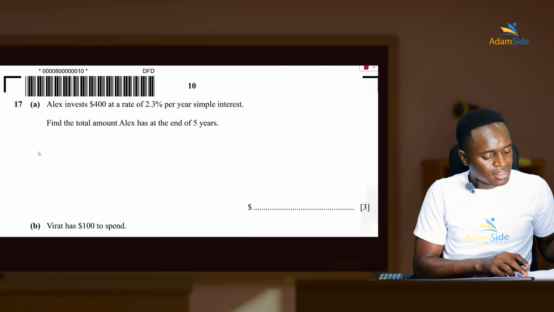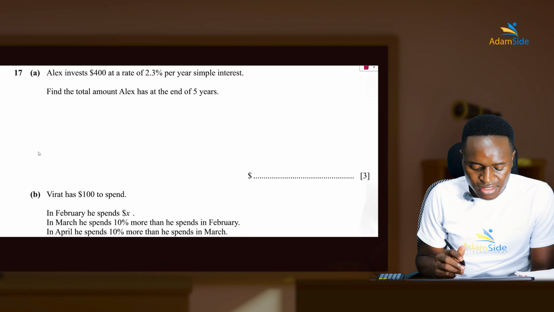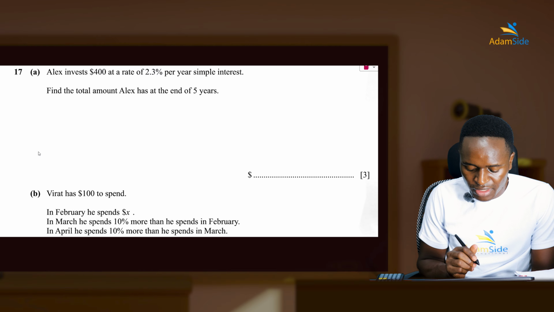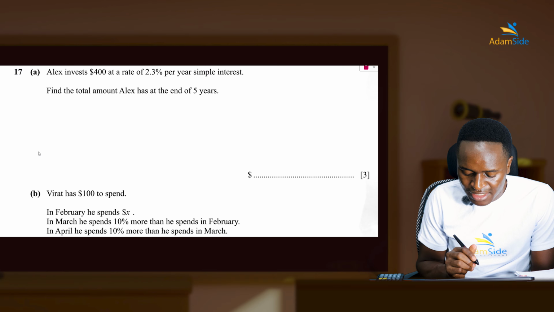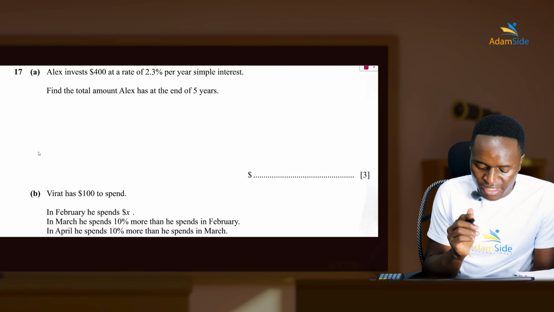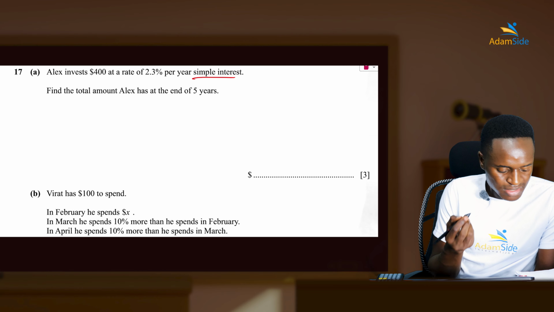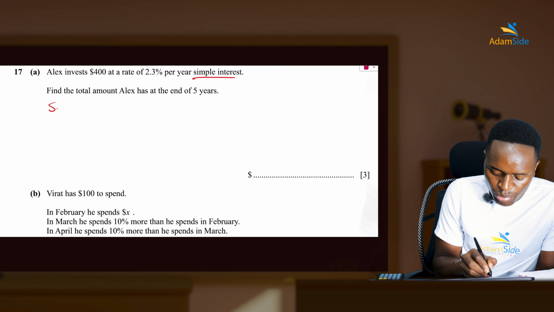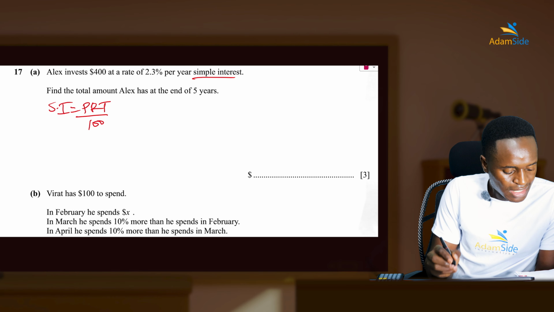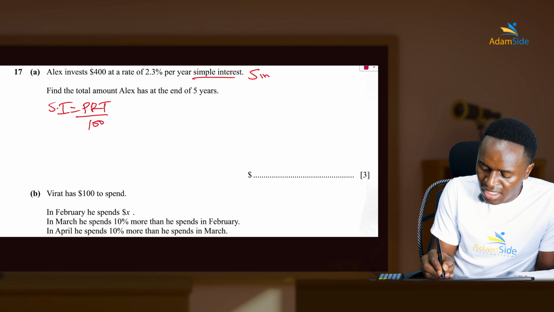Question 17. Alex invests $400 at a rate of 2.3% per year, simple interest. Find the total amount Alex has at the end of 5 years. Simple interest, that's very simple. Simple interest is equal to PRT over 100.